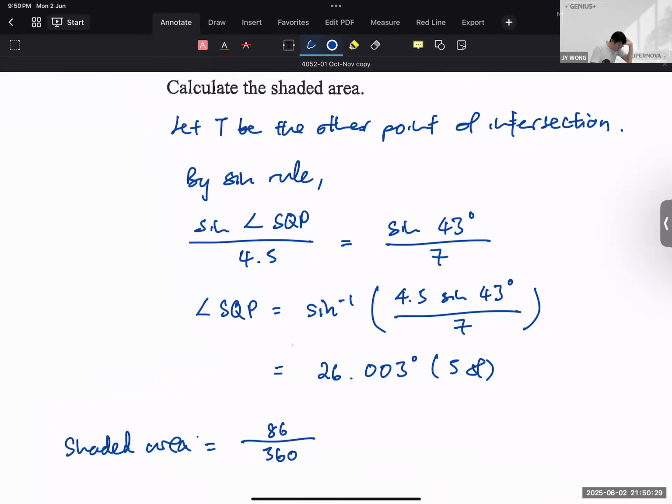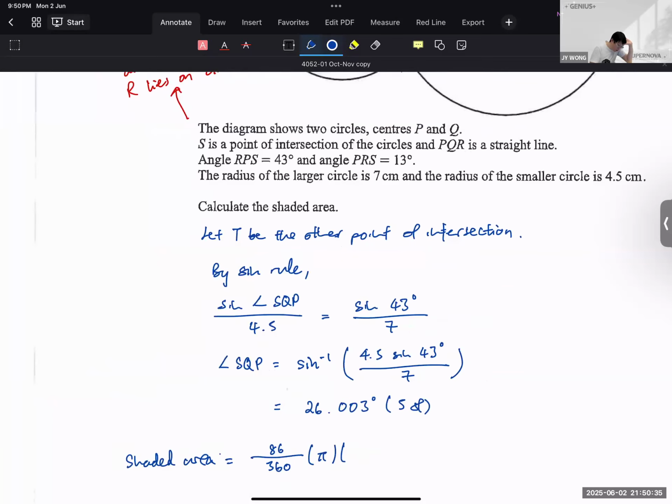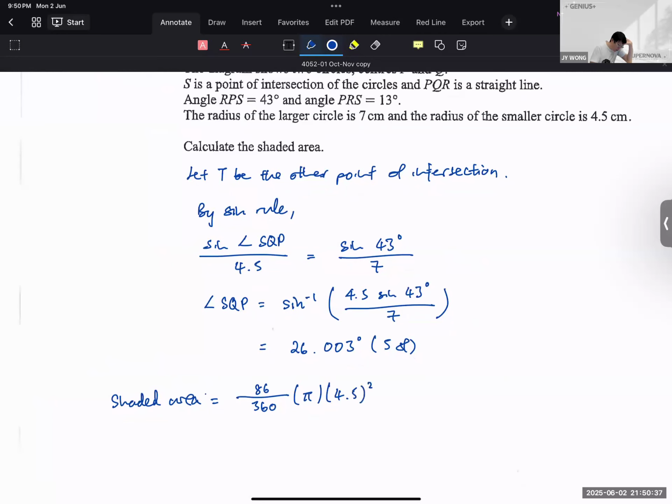So that is 86 over 360 times pi times 4.5 square, minus half AB sine C. That is your first part of the shaded area.